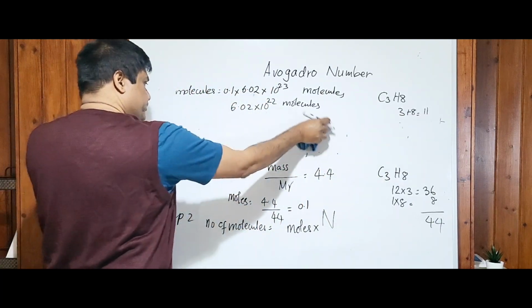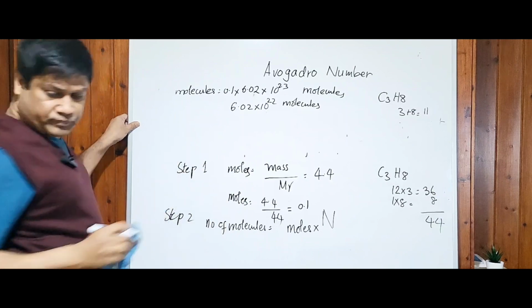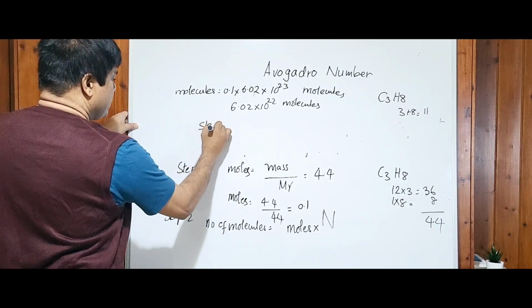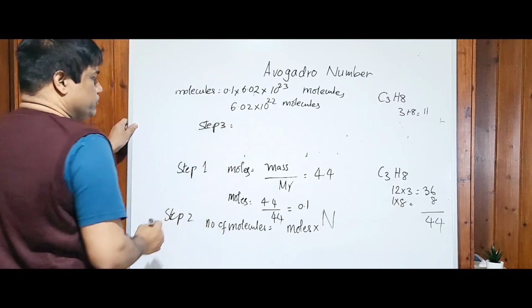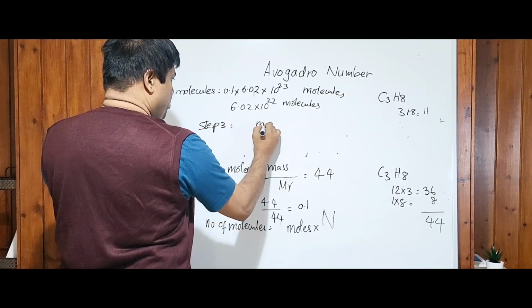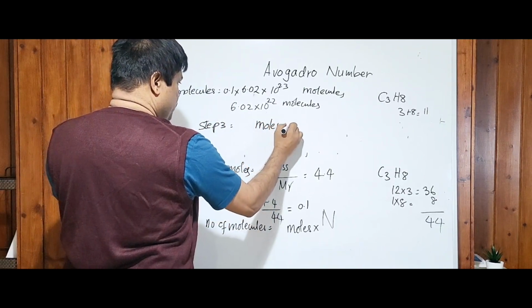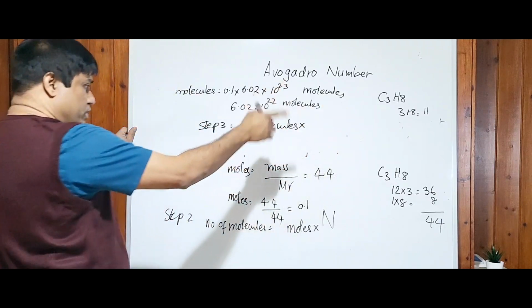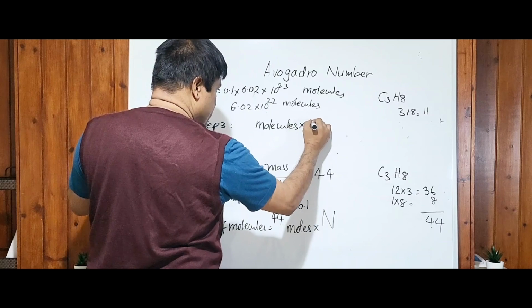Step 3: molecules times the total number of atoms present in propane, which is nothing but 11.